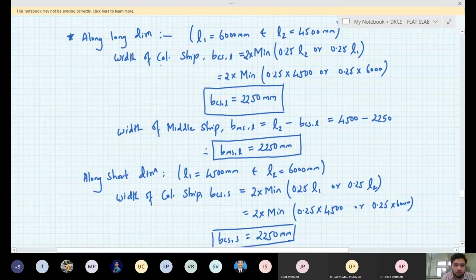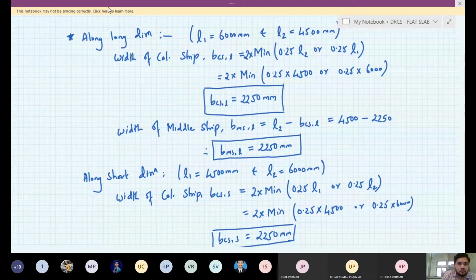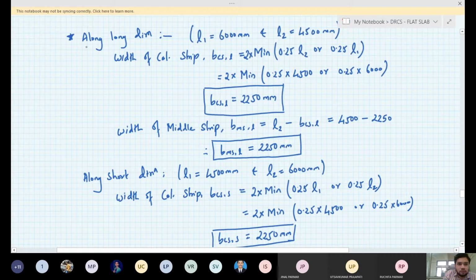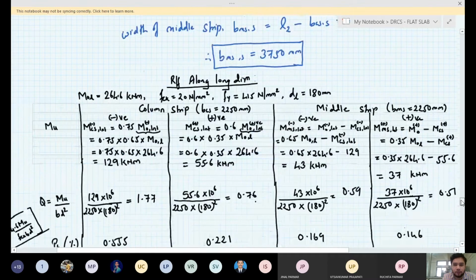We found out the width of the column strip and the middle strip along the long direction as well as along the short direction. And then we found out the reinforcement required in each direction in the column strip and middle strip.